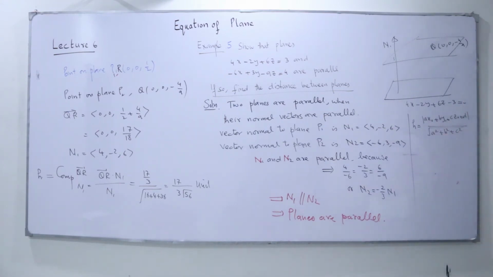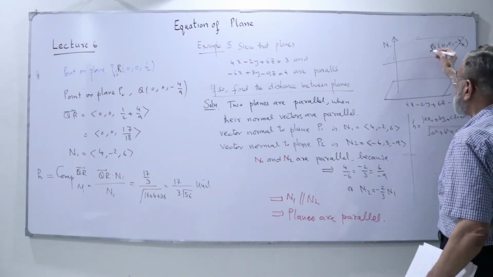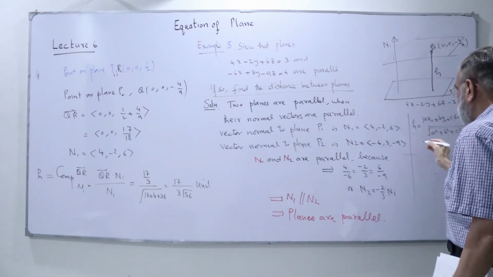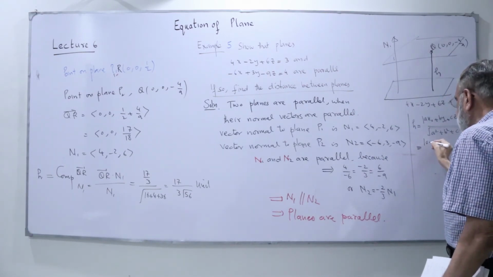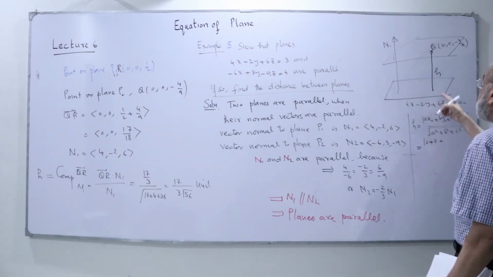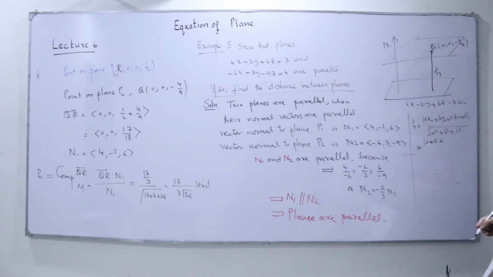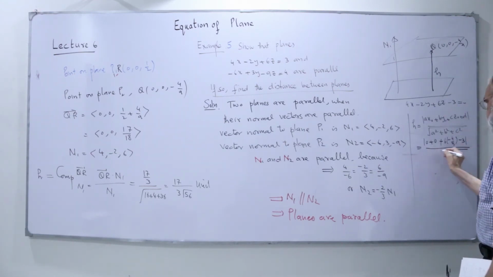Now I substitute the values. The distance h is equal to 0 plus 0 plus minus 4 by 9 into 6, and then minus 3, over root of a square plus b square plus c square, which is 16 plus 4 plus 36.